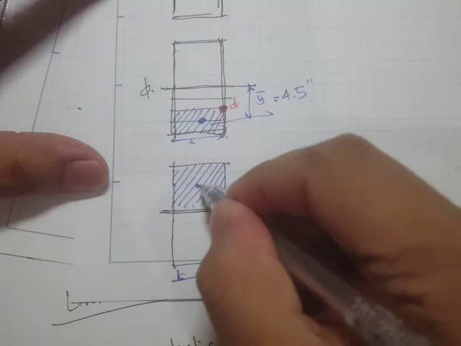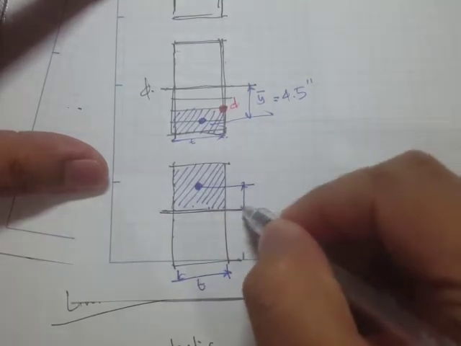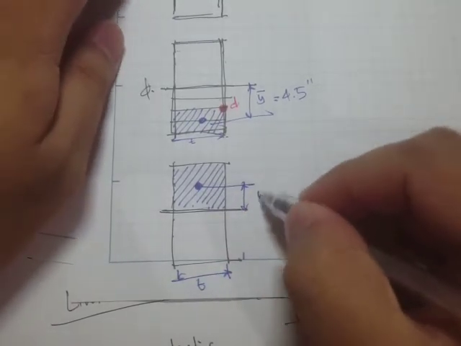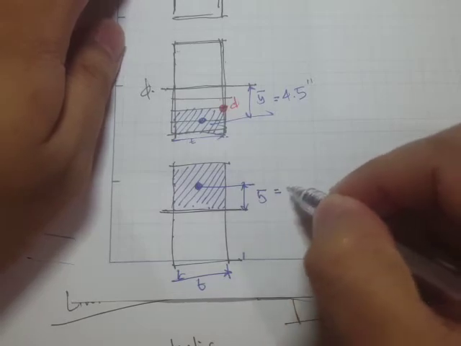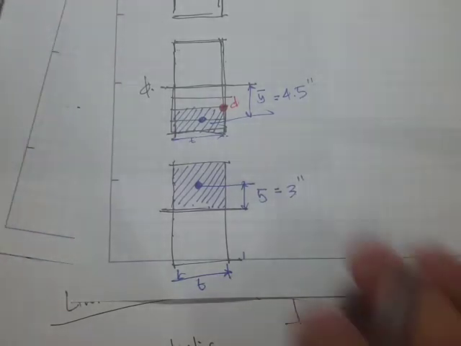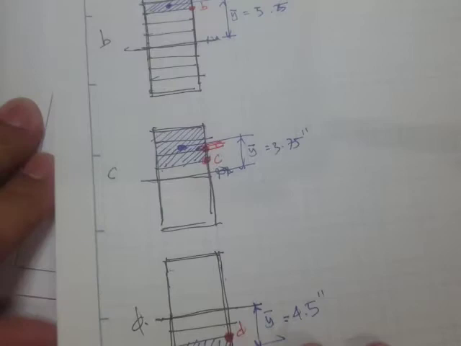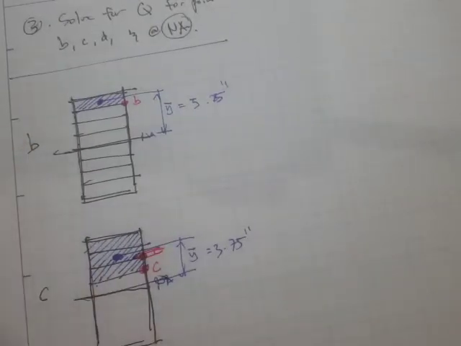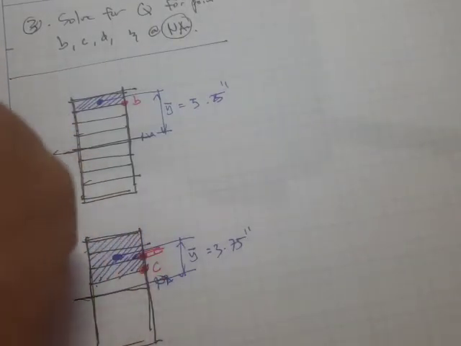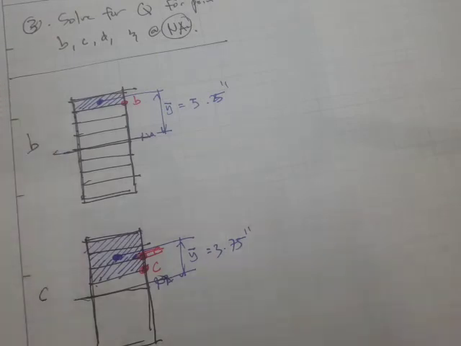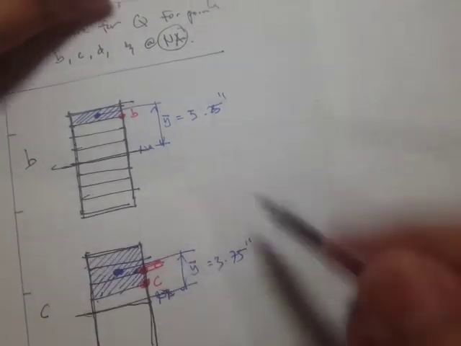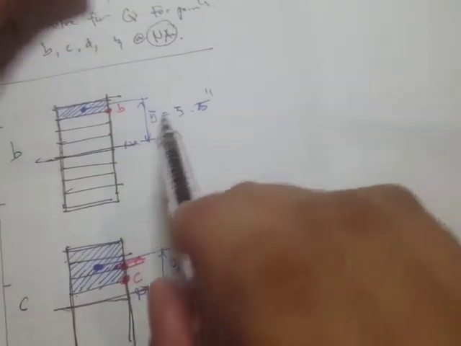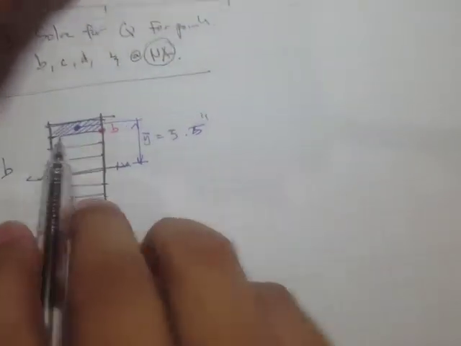Again, the centroid would be right here, and y bar is just equal to 3 inches. Now that we have the Q, then what else do we need? Actually, we don't have the Q yet. This is just an illustration for the y bar and area considered.